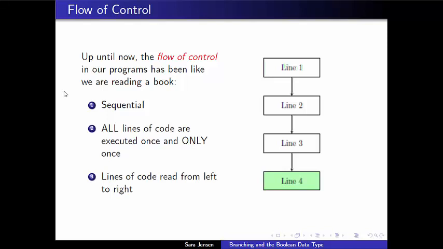However, in our last collection of videos, when we were learning about the floating point data type, we did see some examples where we began to bend the rules a little bit on number 3. An example I can think of is when we were declaring a variable in terms of a previously defined variable. The first thing that would happen is that we would look up the value of that previously defined variable.